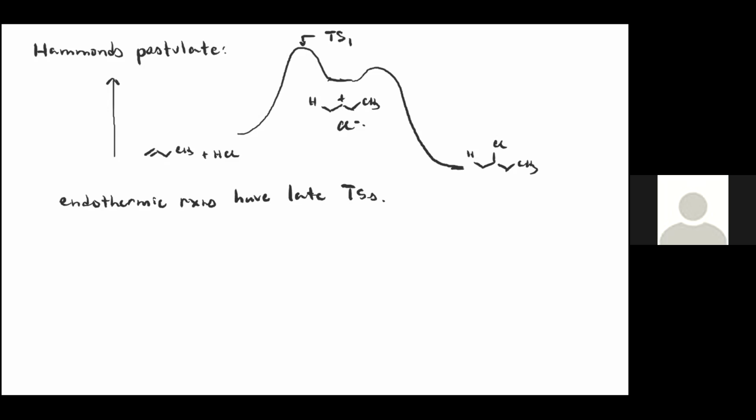Okay, they look more like the products or the intermediates that follow the transition state. Okay, so from the perspective of the Hammond postulate, an intermediate is the same as a product. We're just referring to what follows a specific transition state. Okay.